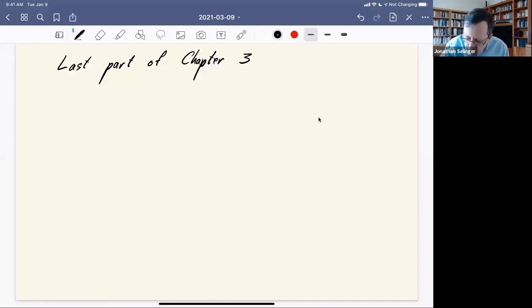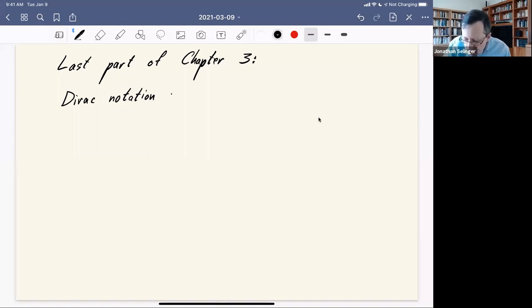For the last part, we're going to do a new notation for quantum mechanics, called Dirac notation, which is a very nice, compact, convenient notation for working in quantum mechanics.